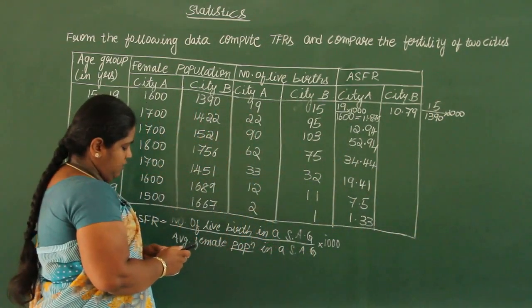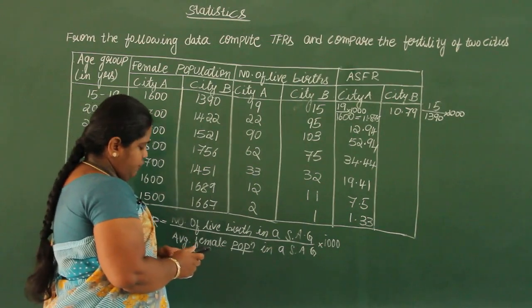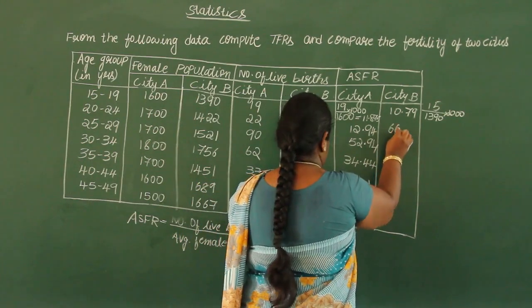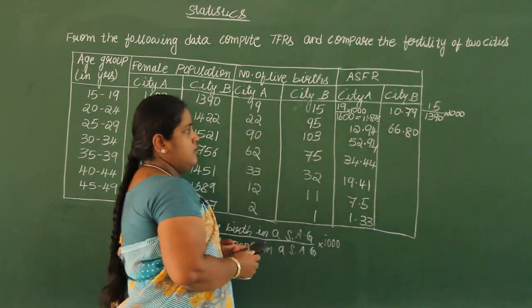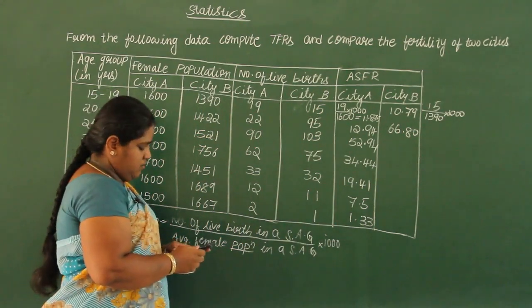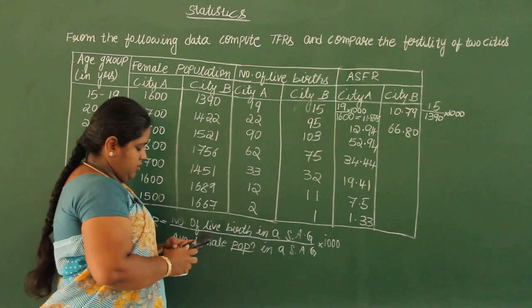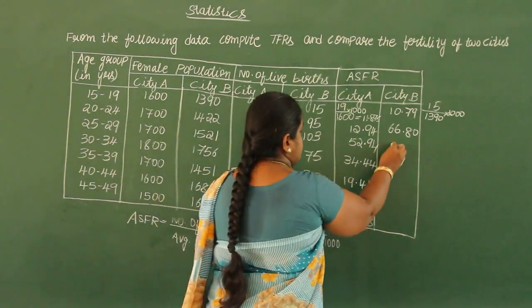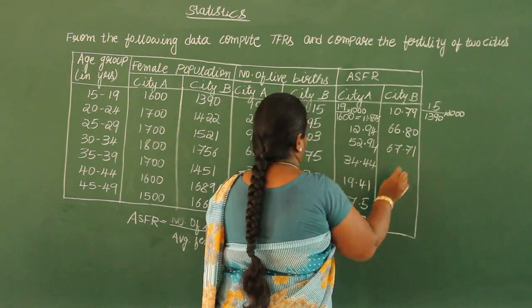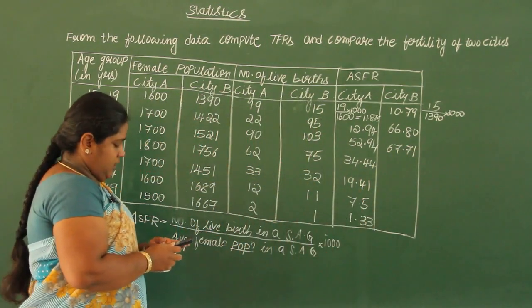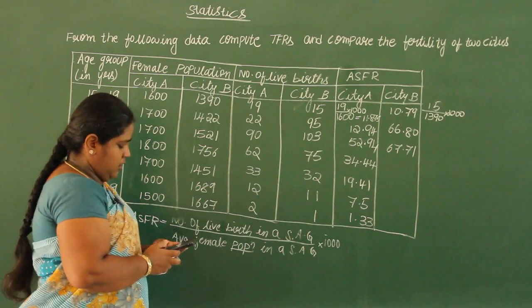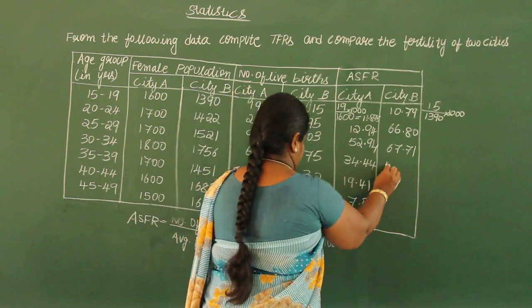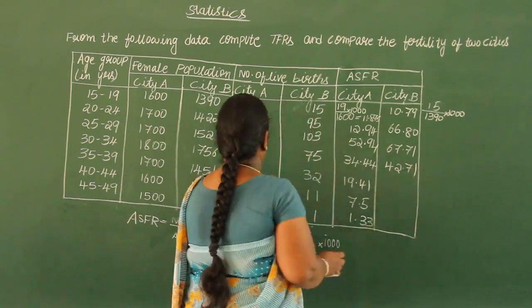Next one, 95 divided by 1422 into 1000, 66.80. Next third one, 103 divided by 1521 into 1000, 67.71. 75 divided by 1756 into 1000, 42.71.